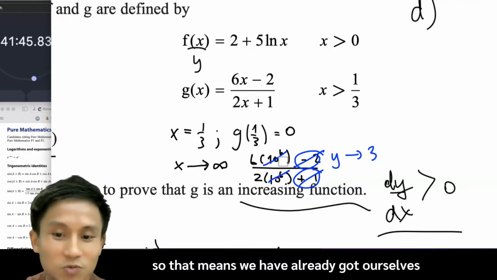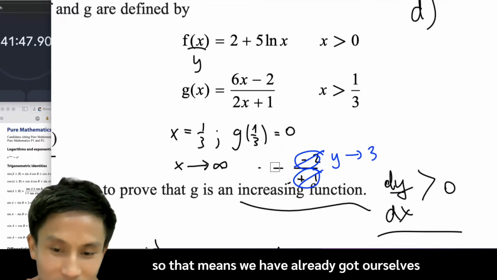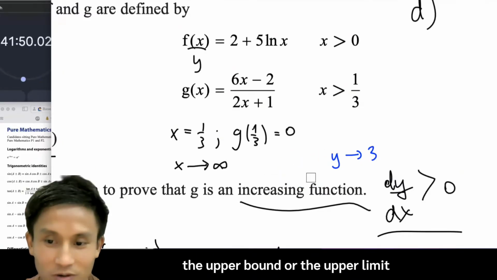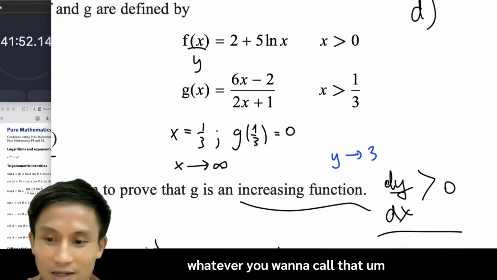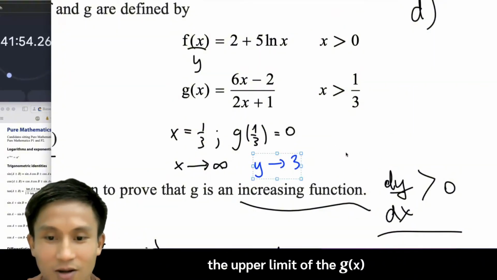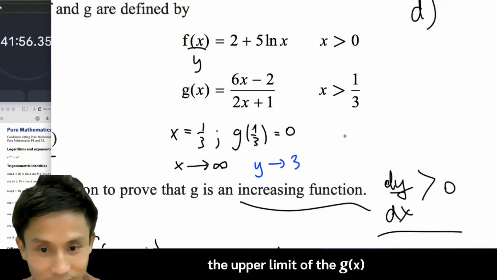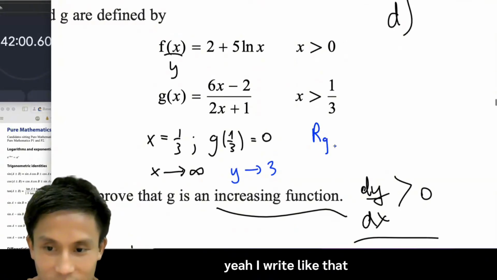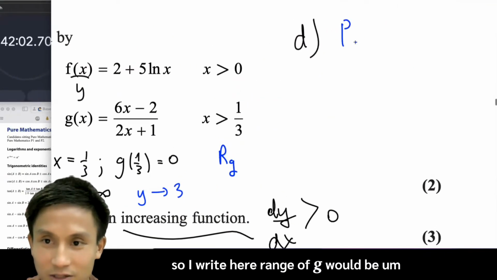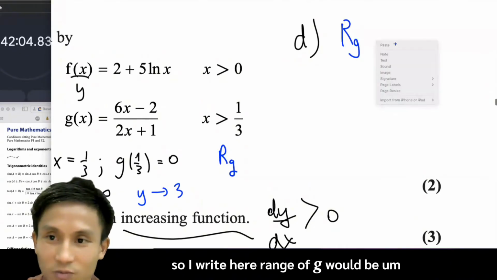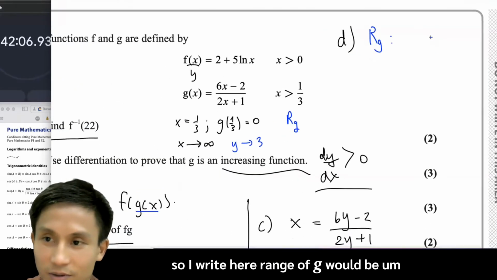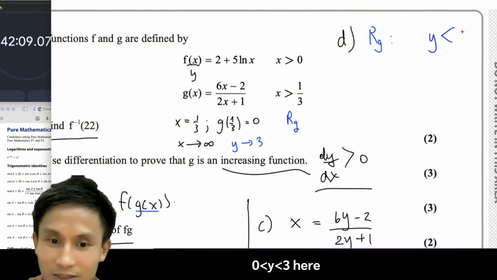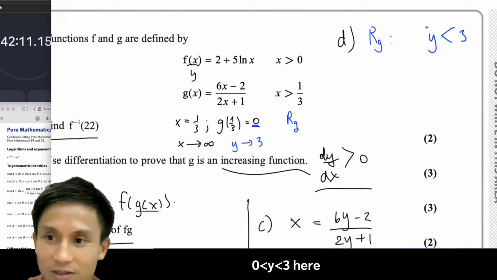That means we have got ourselves the upper bound, or the upper limit, whatever you want to call it, of g(x). So the range of g would be 0 ≤ y < 3.